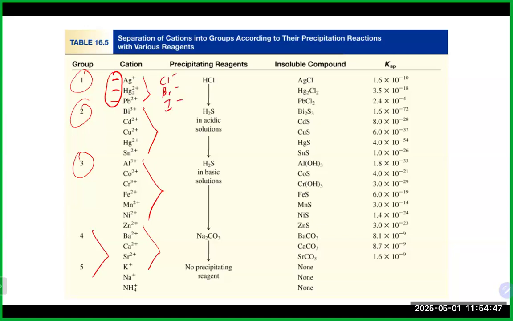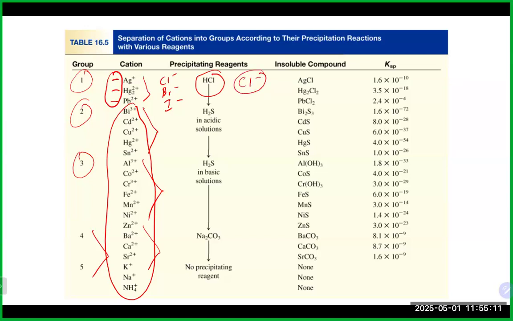So normally chloride, bromide, and iodide are soluble in everything except these 3 ions, which means that we can separate out these ions from the other bunch of ions that are there by using what is sometimes referred to as a precipitating reagent. And the case for group 1 is actually HCl. And in this case, the HCl is actually providing chloride.